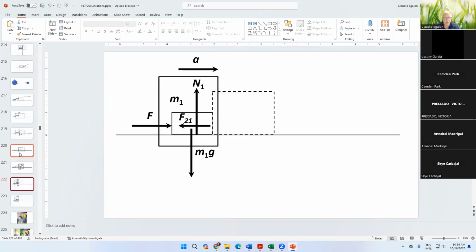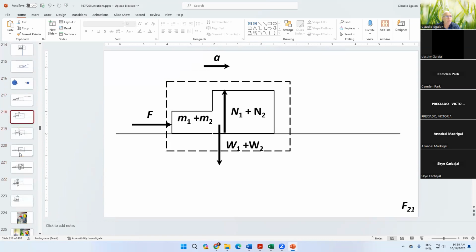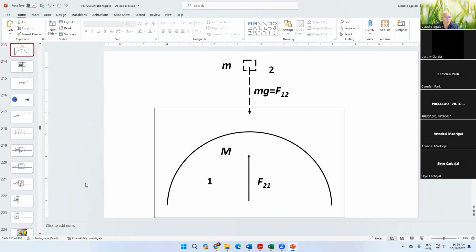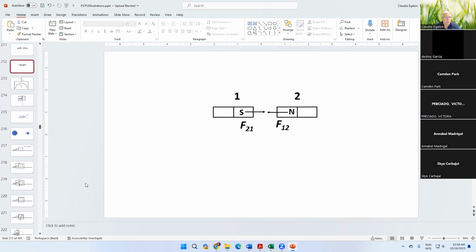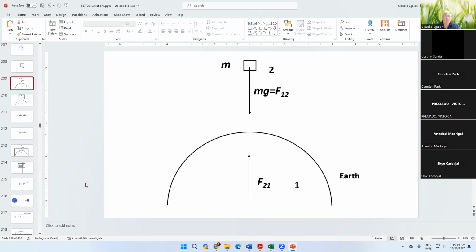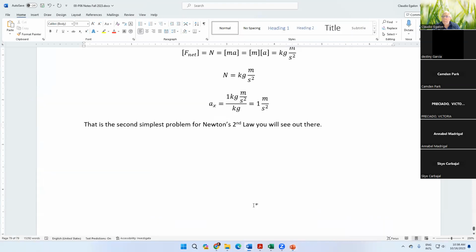Okay, now I'm going to talk about the force of friction that I didn't talk about yet. This thing here is going to come later on. Those illustrations that you see here are going to come later on. Let us talk about the force of friction.